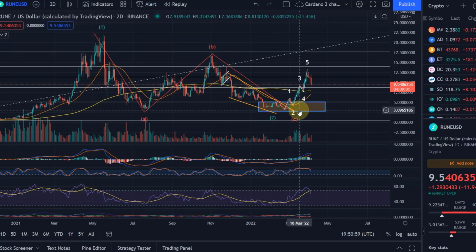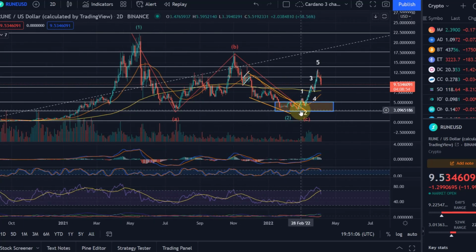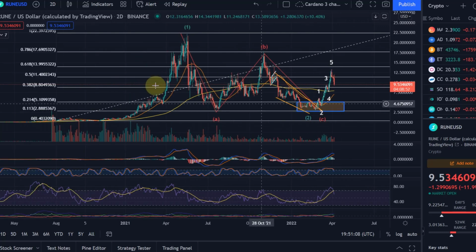I don't really like the way it came down here. Ideally, you would want the price to go a little bit lower, but to be fair, it touched the 88.7% fib level at $2.88.